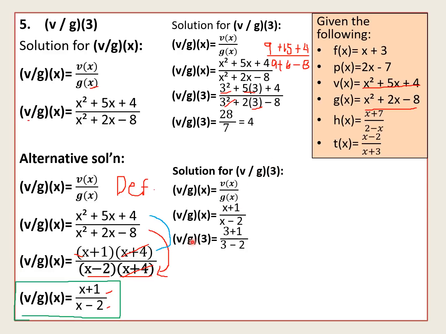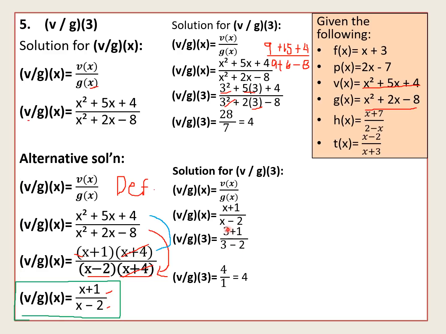So, v over g of 3 is equal to what? Numerator, x plus 1 becomes 3 plus 1, because x was replaced by 3, over x minus 2 or 3 minus 2. Then, after replacing x, we simplify both numerator and denominator.